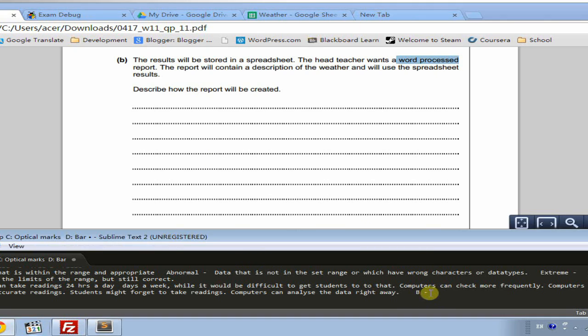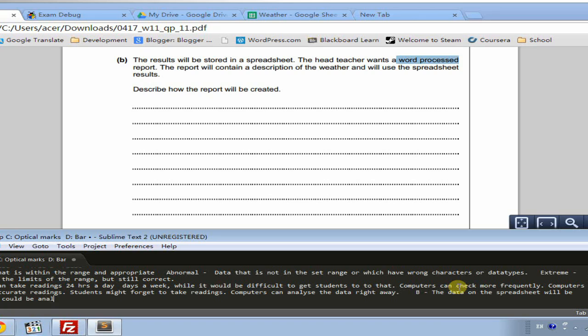Anyway, so let's just put down the steps that we need in order to be able to do this one. So we've got the data going into a spreadsheet. So we could say the data on the spreadsheet will be saved. The data could be analyzed. Sorry, I always get the spelling mixed up on this one.